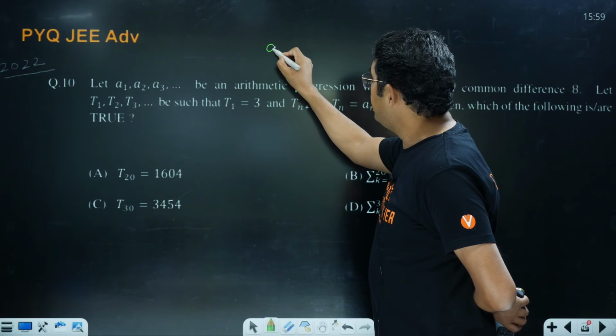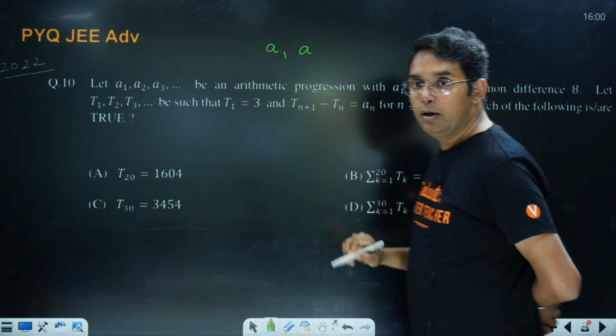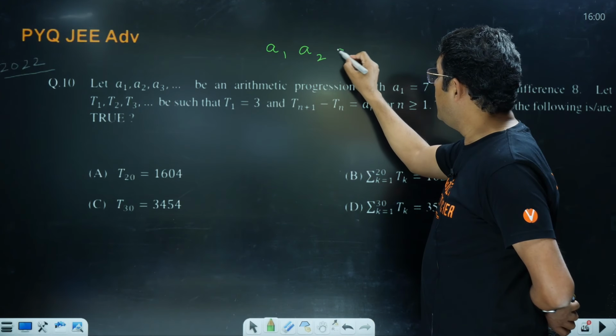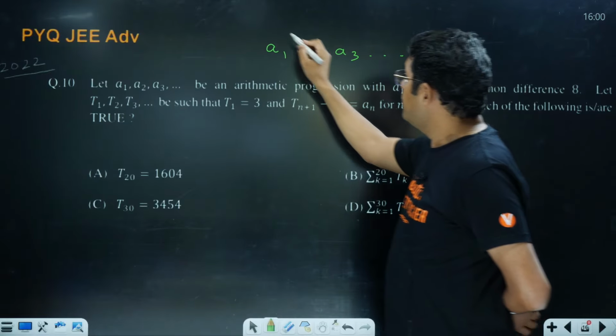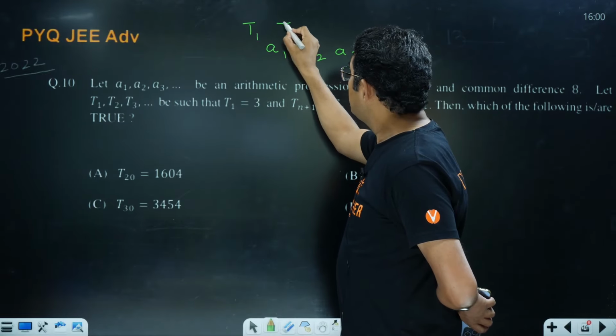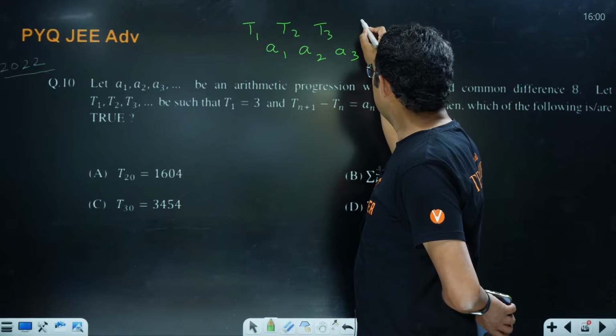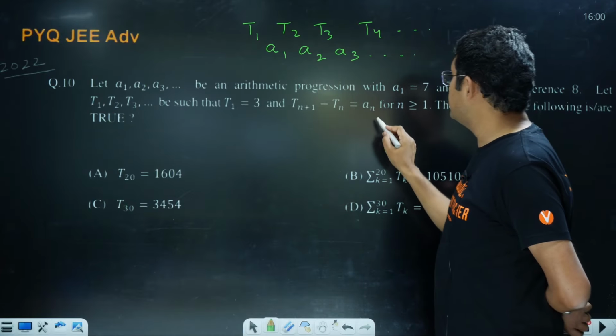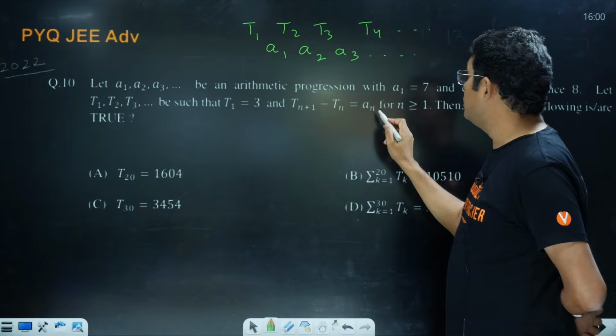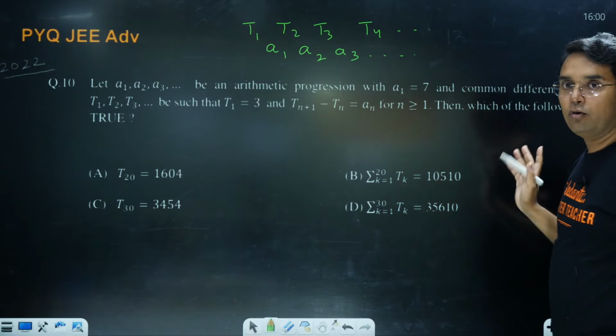So let me write it here. A1, A2, A3 and so on, that is AP. Now T1, T2, T3, T4, I can write it here so that T2 minus T1 is A1, T3 minus T2 is A2 and so on. So this is what they have given.